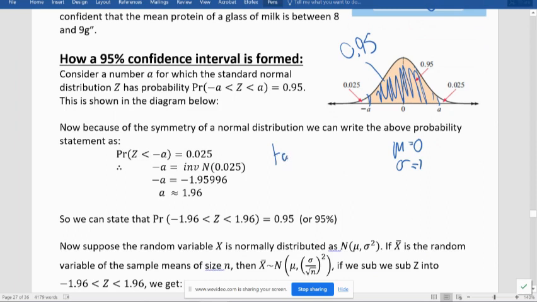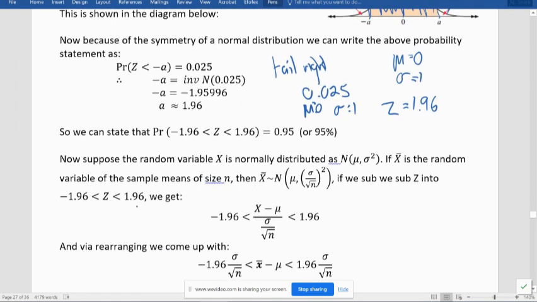You do your tail to the right, with an area of 0.025, and you put your mean of 0 and your standard deviation of 1, and you get a z value of 1.96. So you'll see in the formula below, there's a value of 1.96. So we know that we would get 95% of the values within 1.96 standard deviations above or 1.96 standard deviations below.